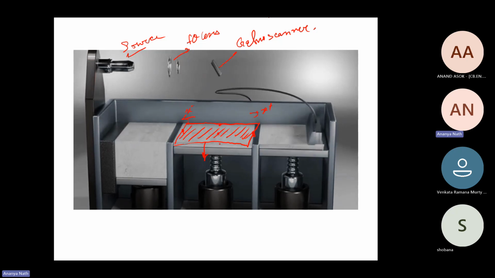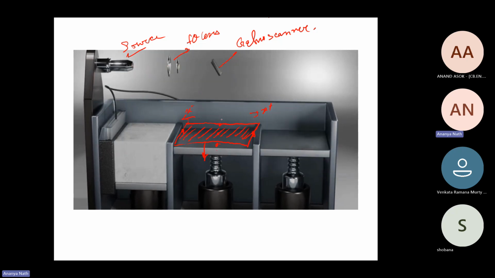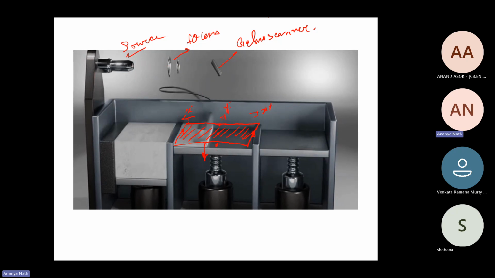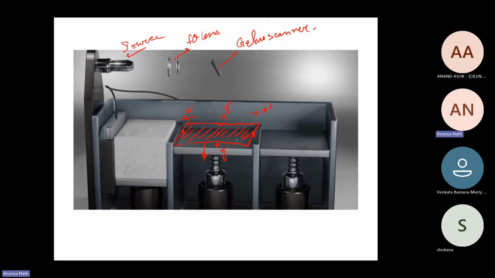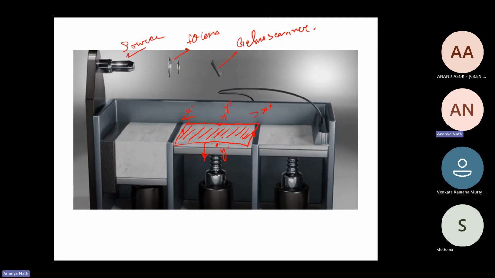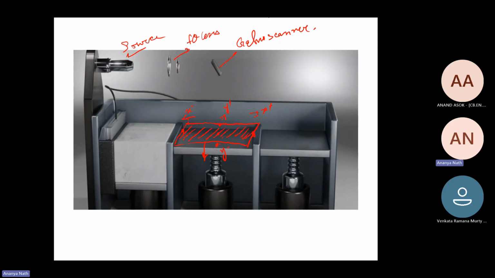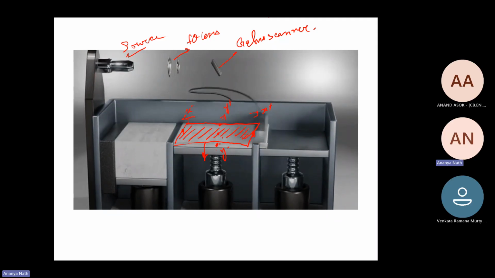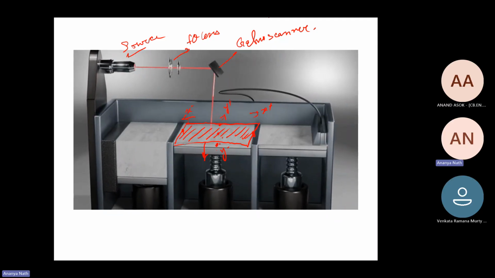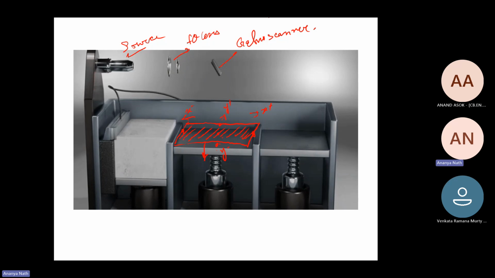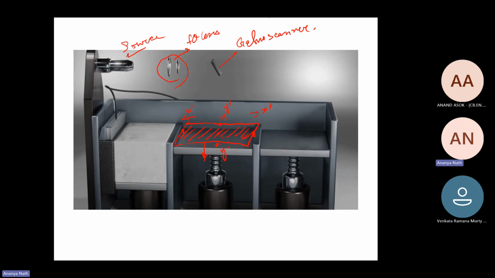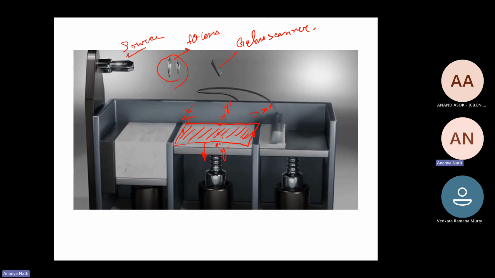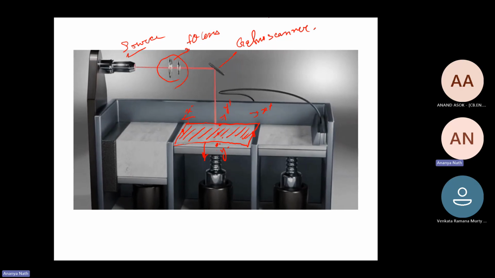And it has to be focused in this direction as well, which is the extreme Y minus and Y plus, so that my energy density will be fixed for a given laser power throughout the build. That's why we use the F theta lens. The F theta lens's work is to keep the laser focused at a given area.